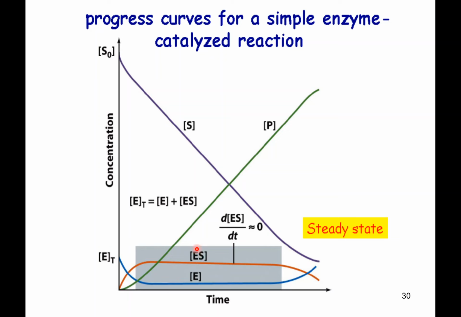That's the enzyme substrate concentration isn't changing. But your substrate concentration sure is, it's decreasing, and your product keeps increasing, but the enzyme substrate complex itself is not changing. So just remember that for steady state. It's talking about that enzyme substrate complex.